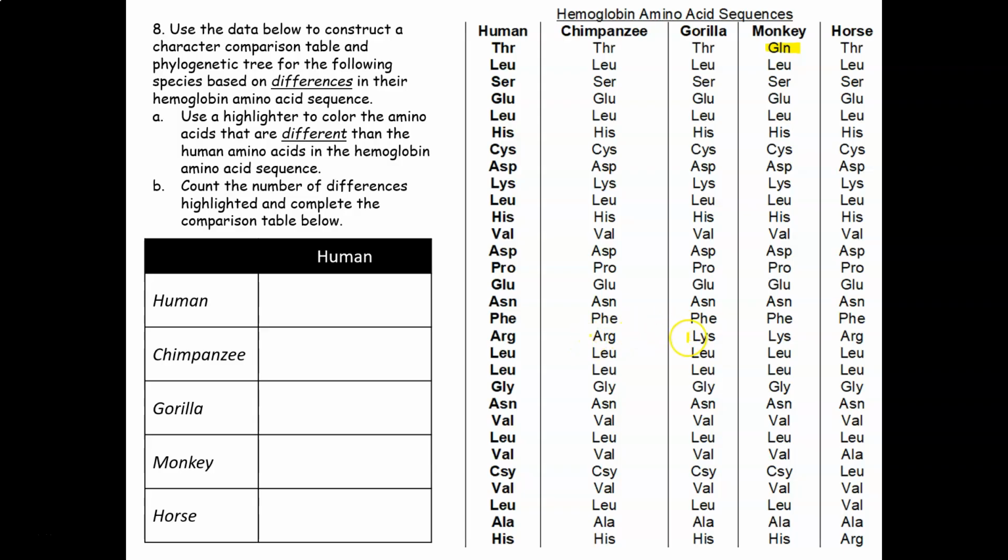So here's a difference. So we're going to highlight those both in the gorilla and the monkey, but the horse has the same one. Here's another difference. Here we've got a difference.